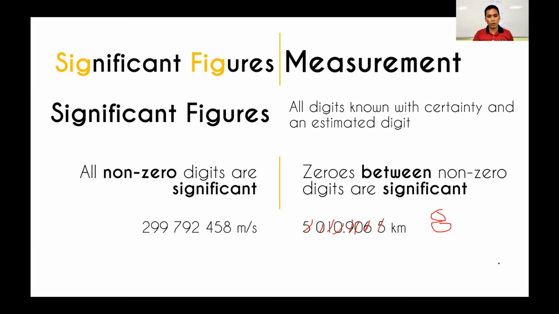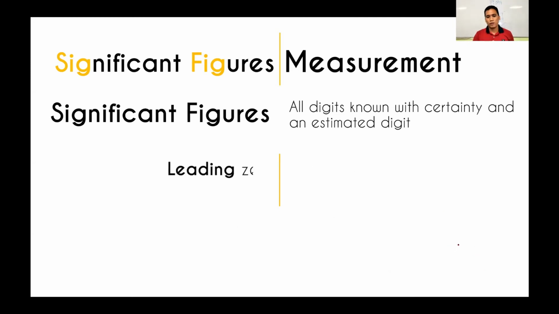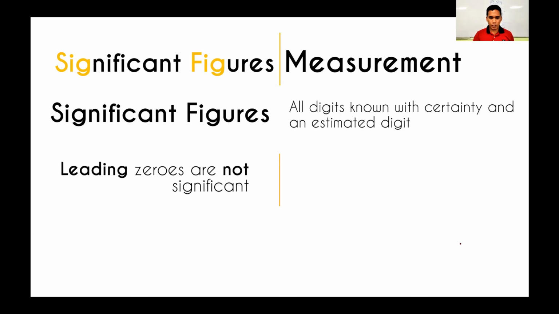So always remember the crucial part of identifying the number of significant figures is the zeros. Okay. So leading zeros are not significant. Earlier, every zero between non-zero digits is significant. This time, leading zeros are not significant.